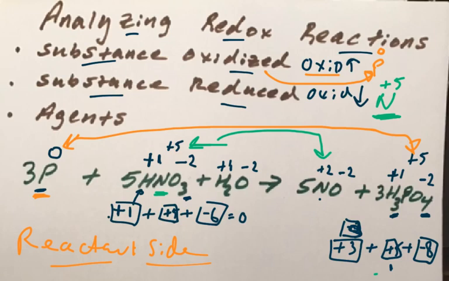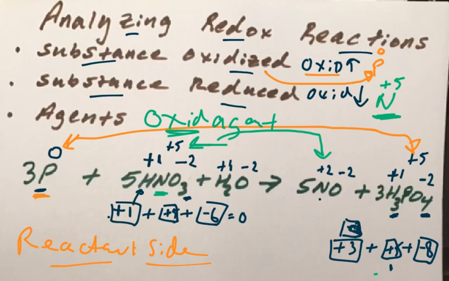Alrighty, so let's go to agents real quick. Now, here's the deal. I said before in the other video, but I'll say it again. A travel agent does not travel with you. He causes you to travel. So the easiest way to recognize agents, if you want to know who's the oxidizing agent, you flip this name around.